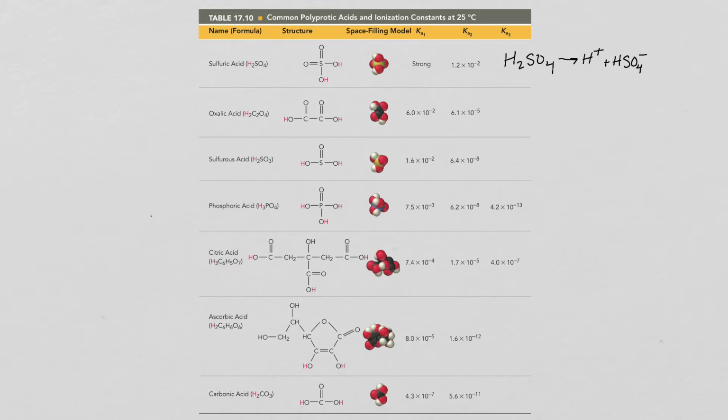And then what will happen is, as the pH continues to change, you'll end up getting this, and it has a little bit of an equilibrium. It's still pretty strong, 1.2 times 10 to the minus 2, but it's not strong in the sense that it's fully dissociating. And so you produce more of the acid.